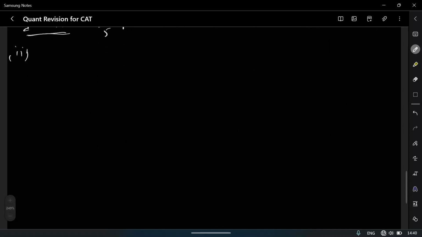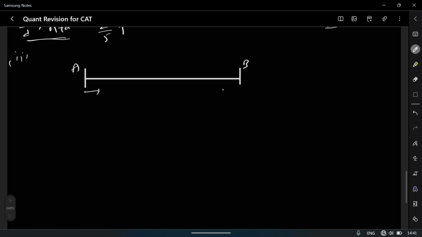Let A and B be at two extreme ends of a line. A travels towards B and B travels towards A. So at a point the two meet. Let M1 be the point.